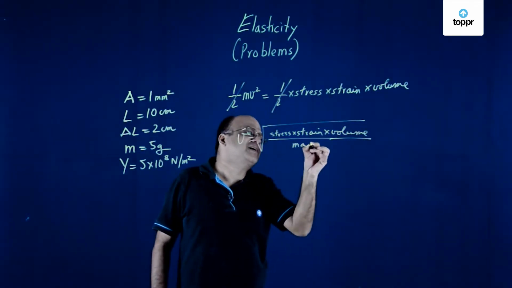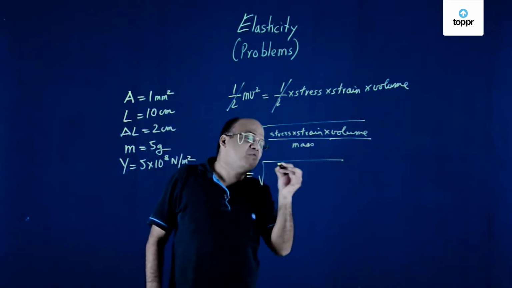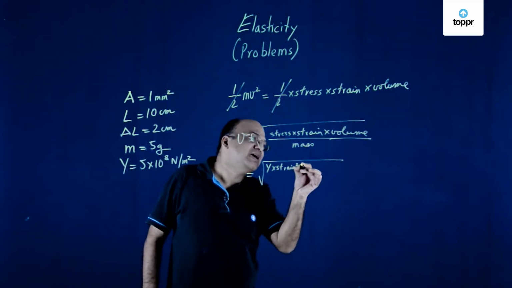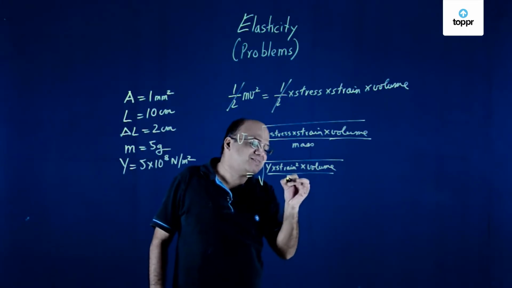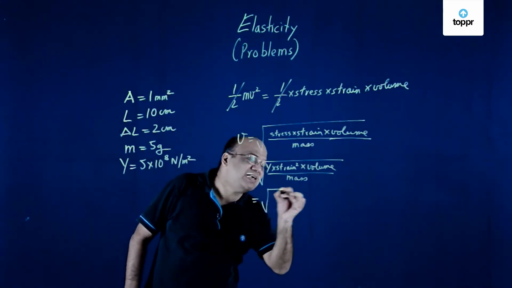Right? What is stress? Y into strain. So we get root over Y into strain square into volume by mass of that missile.